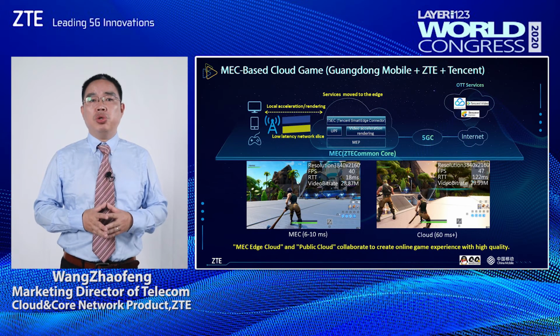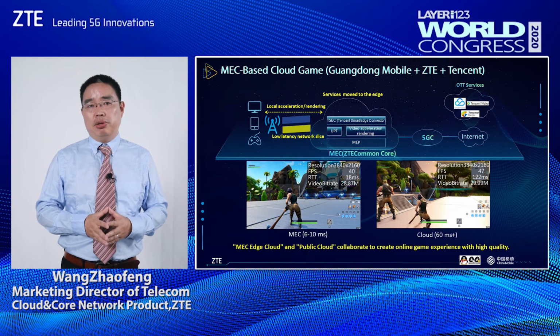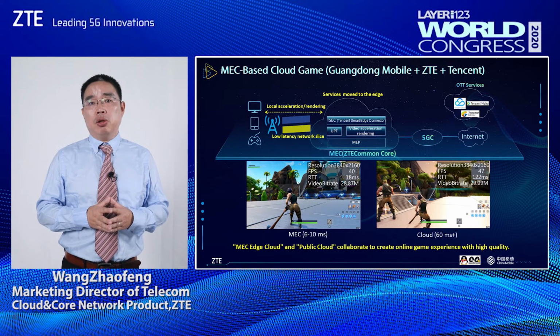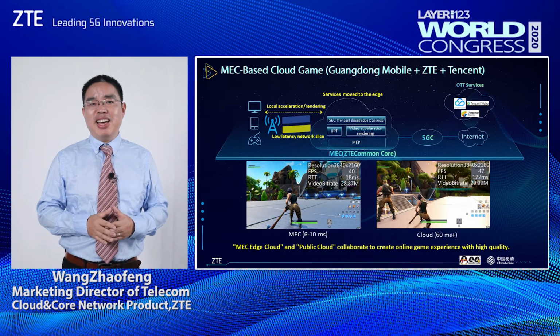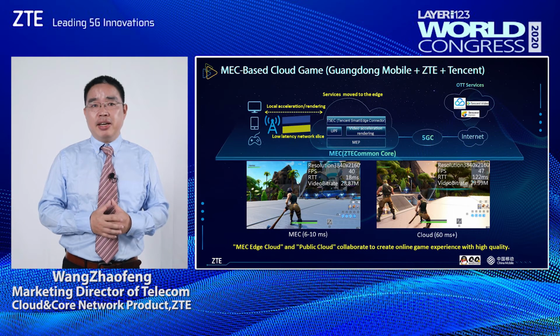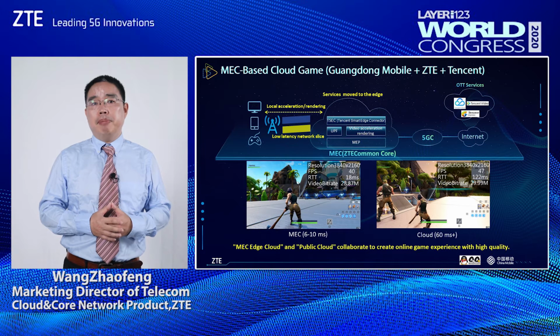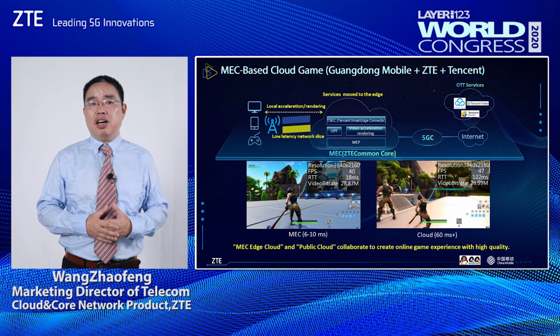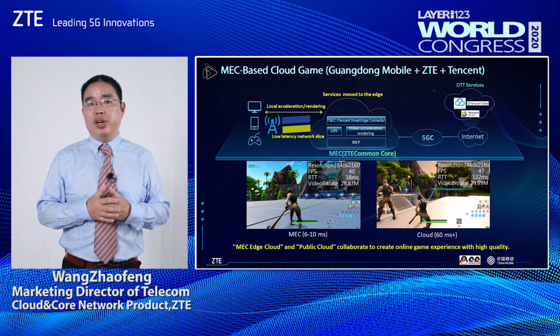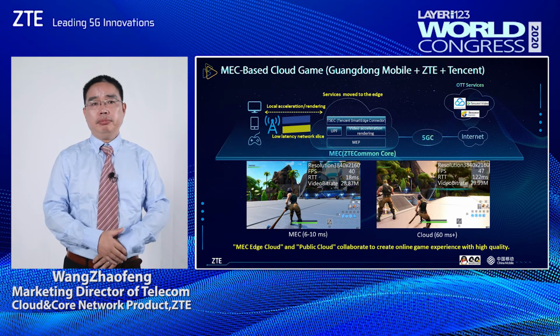Comparing the two scenarios, on MEC Cloud the latency costs only 6 to 10 milliseconds, while the remote cloud costs more than 30 milliseconds latency. This great improvement in low latency, with the collaboration of MEC edge cloud and the public cloud, created the best online game experience with high quality.